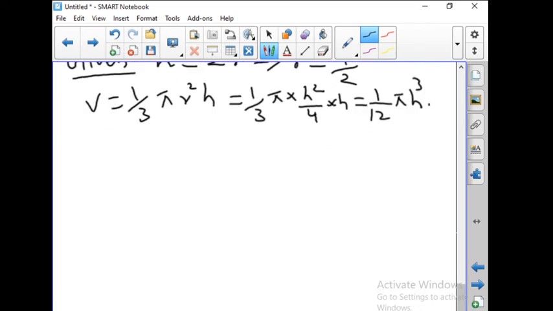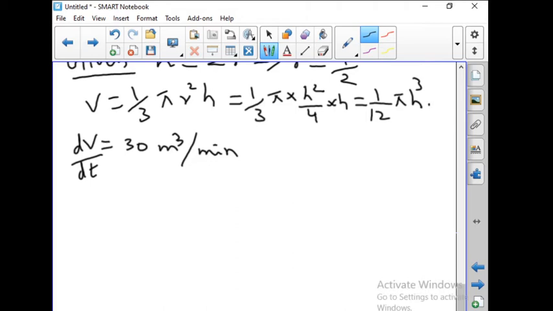And what else is given? It is also given dV by dt is equal to 30 meter cube per minute. Why are we taking meter cube? Because it is volume, we are taking meter cube per minute.